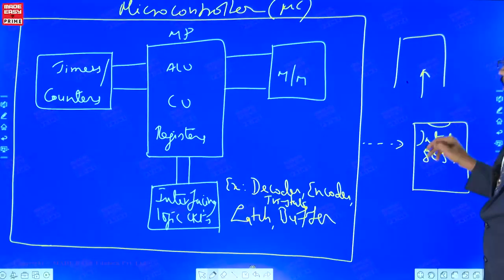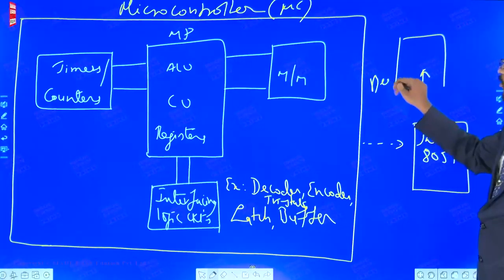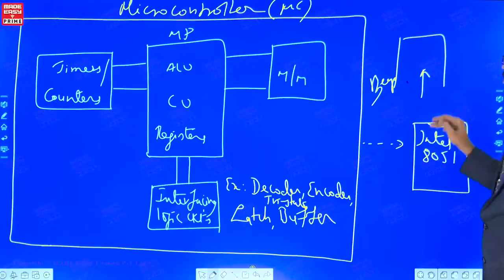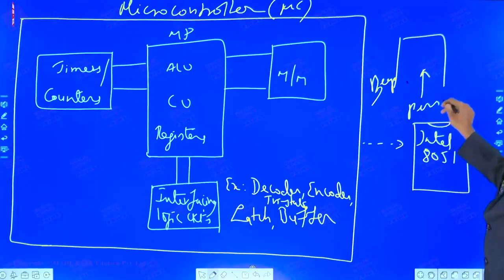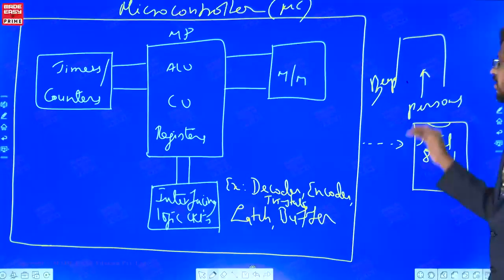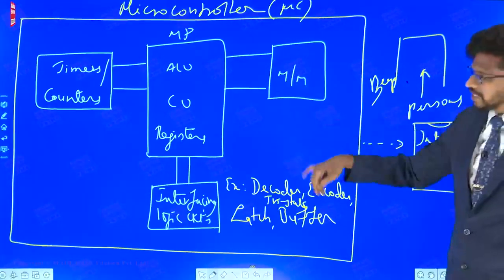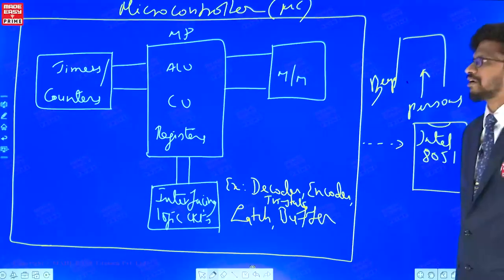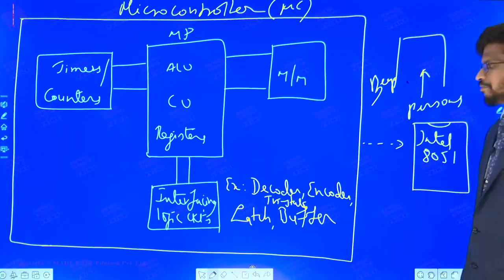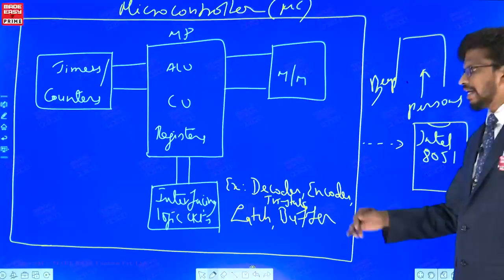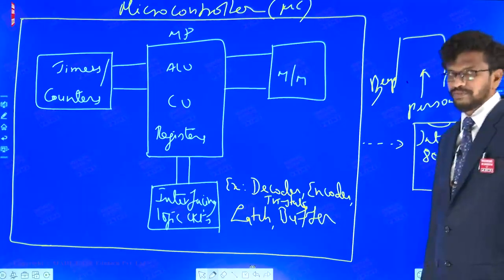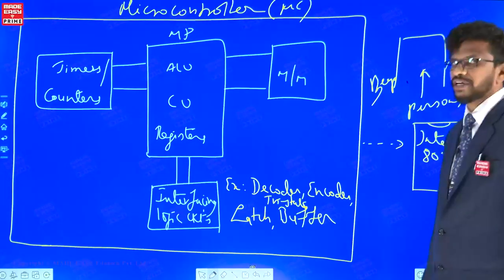When you enter the gate, a beep sound is produced. That is counting the number of persons entering the gate. That is a counter circuit. So if everything is put into a single chip, that is called a microcontroller. Some microcontrollers may also have ADC and DAC, analog to digital and digital to analog converters.